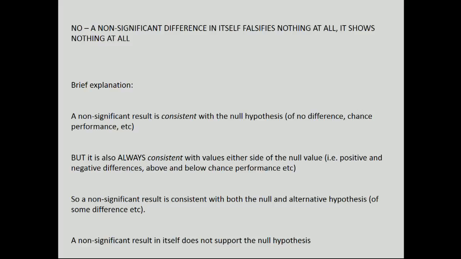So a non-significant result in itself does not support the null hypothesis. So that's why you shouldn't use the non-significant result in your arguments for what counts against the theory.